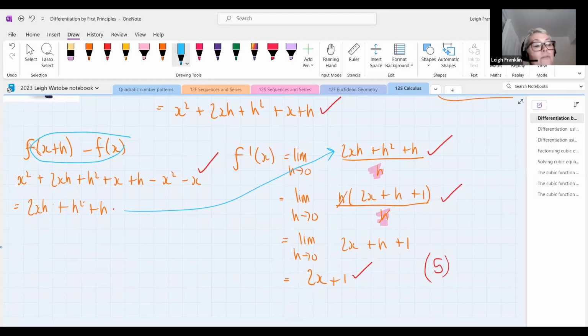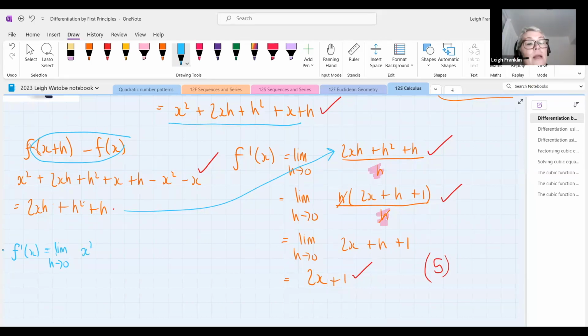So if we had f prime x equals our limit as h tends to 0. Now, this is f of x plus h over here.